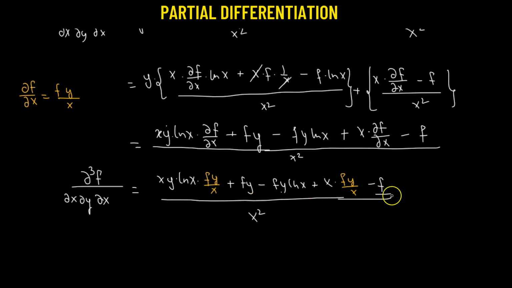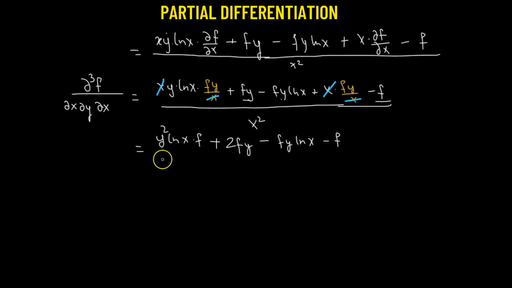There are a couple of terms that will get cancelled out. Here x and x cancel out, and we can combine some of the like terms to get y times log of x times f times y. So this will become y squared plus, this fy and this fy will become 2 times fy, minus fy times log of x, minus f, whole divided by x squared.